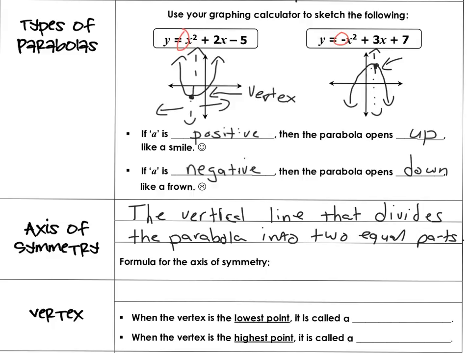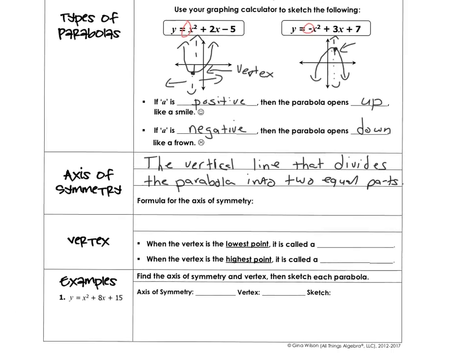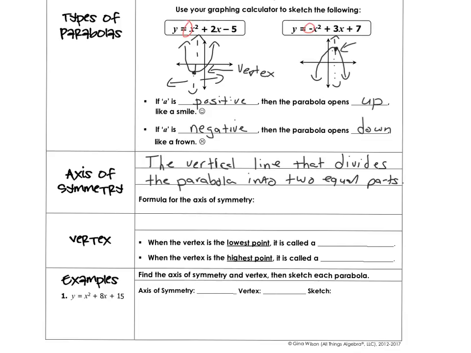And the formula for axis of symmetry, we went over this a week and a half ago, but the formula that will give us the axis of symmetry is x equals negative b over 2a. What is the vertex?